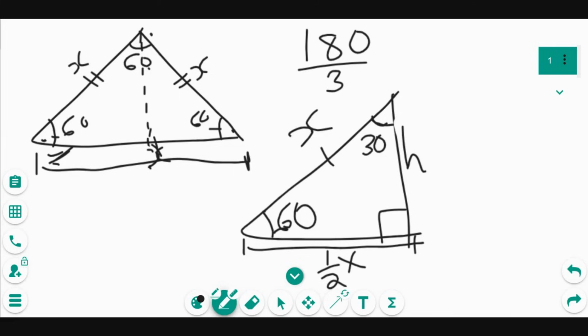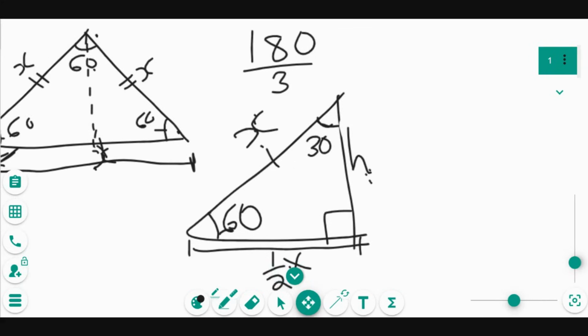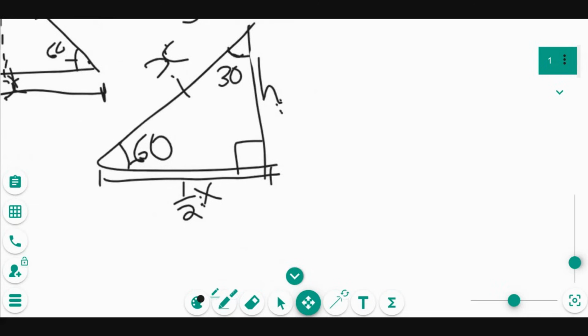Let me just call it h for height. Since I have one unknown, by Pythagoras theorem I can get it. I want to have all the lengths in terms of x. This is in terms of x. This is in terms of x. Only the h is unknown, so I should also get it in terms of x.